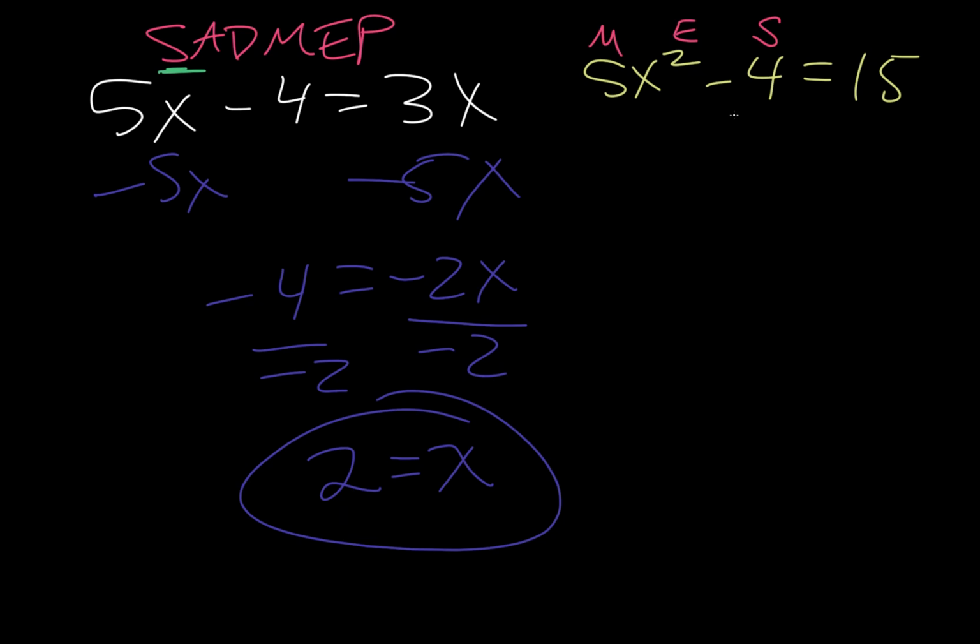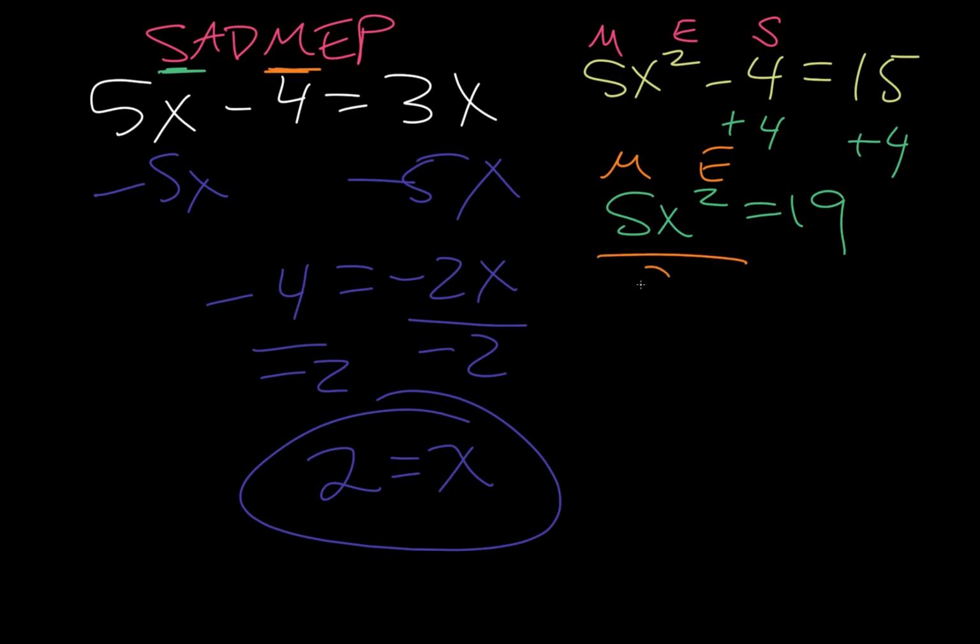So subtraction, to undo subtraction, we add 4. So we have 5x squared equals 19. Now we have exponent and multiplication. Multiplication comes first. We undo that with division. And we have x squared equals 19/5.